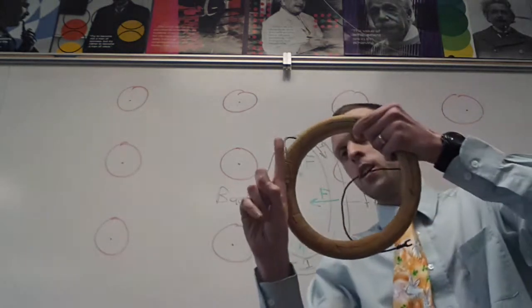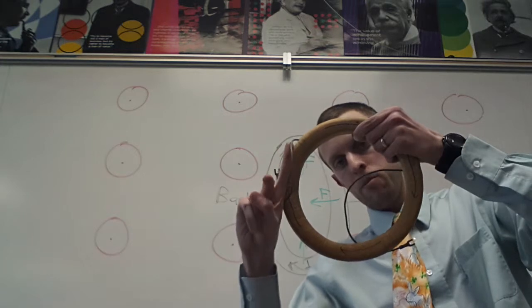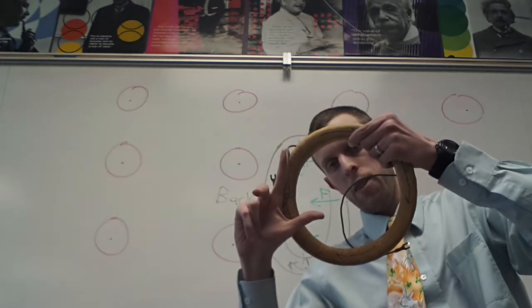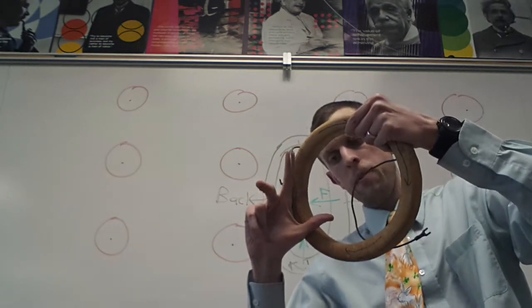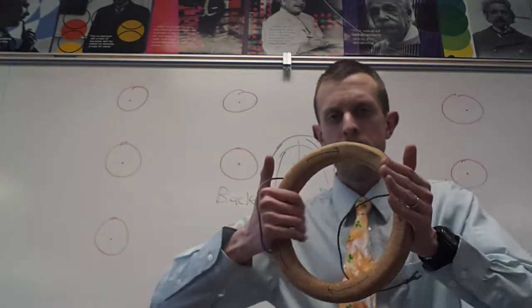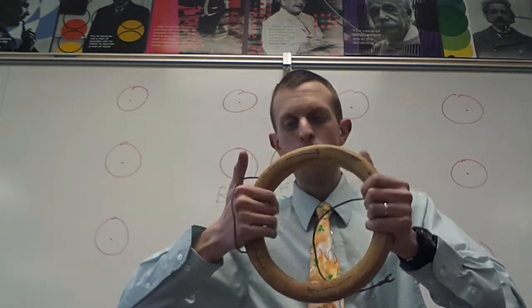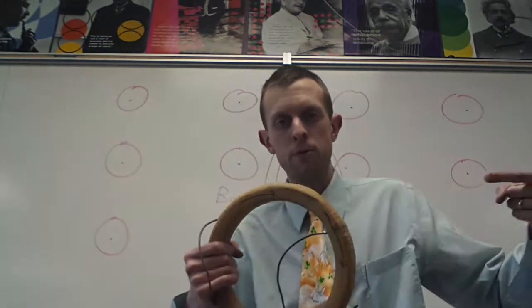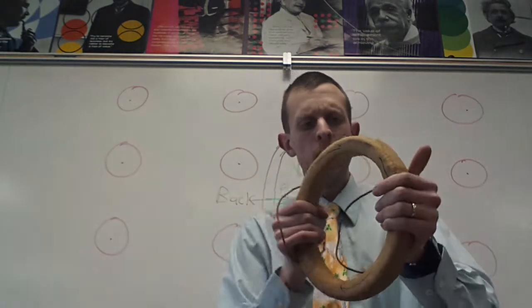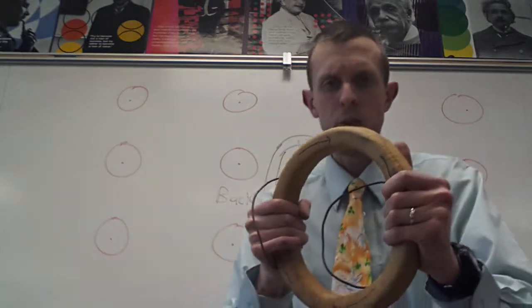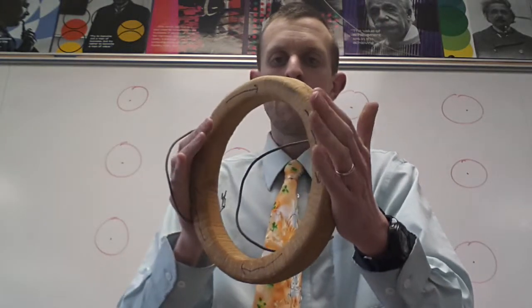So index finger up, middle finger is out, and thumb is straight that way. So now I have this system where I have a force straight this direction and a force straight this direction on these parts of the coil that are not in line with each other.